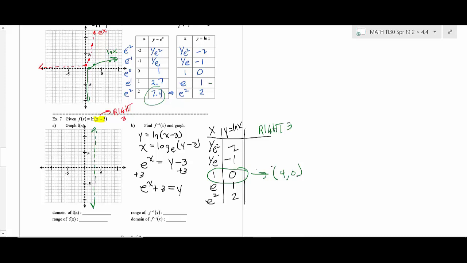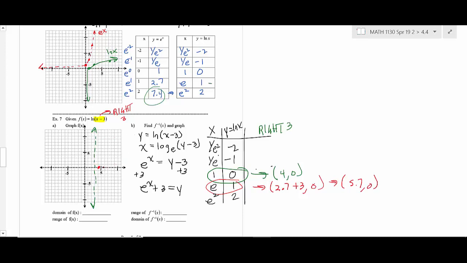I'm making a little chart the way that I showed you how to do for transformations. And then that point, we'll plot that as 4, 0, like that. And then this next point, well, e is about 2.7. If you add 3 to it to move it to the right 3, then you would end up getting about 5.7, okay?